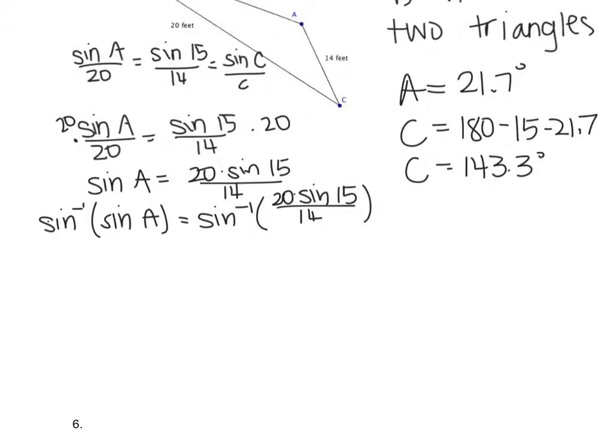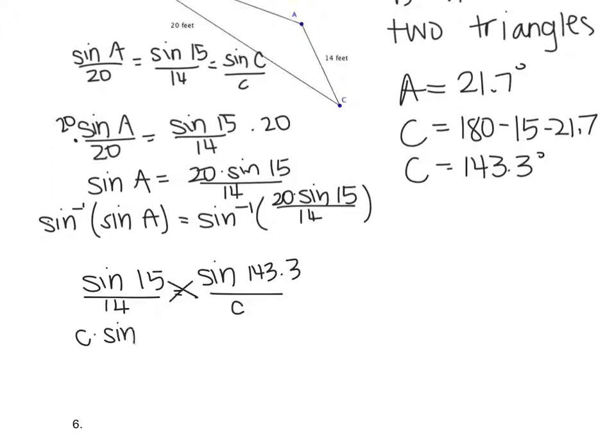So now we want to find side C. So we are going to use sine 15 over 14 equal to sine 143.3 over C. Cross multiply.